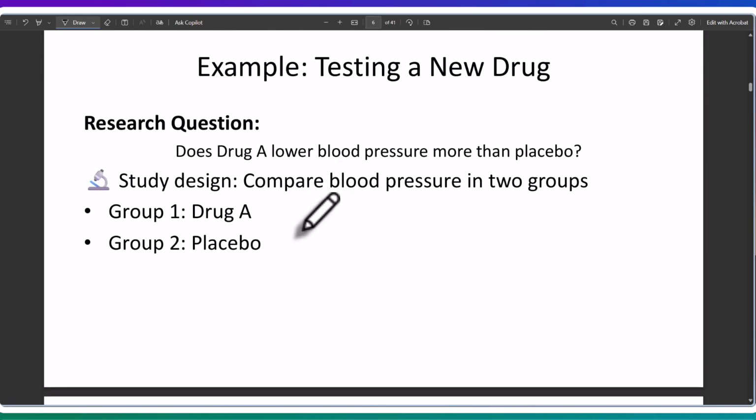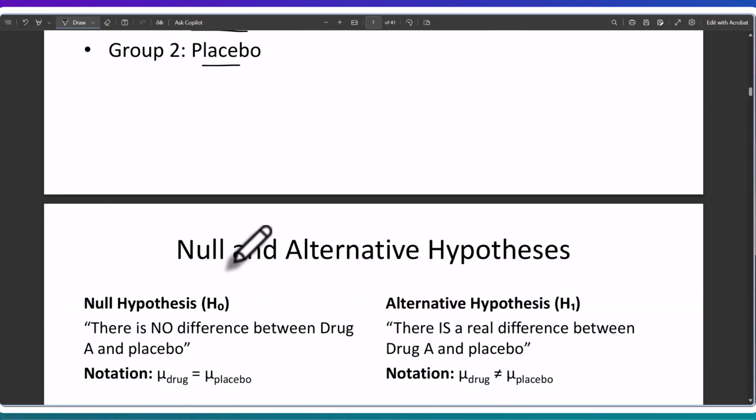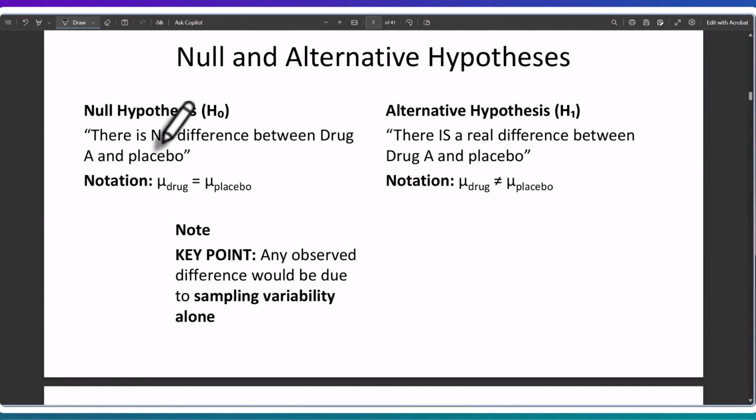So let's just say that now we're going to look at a drug. So drug A, we want to know whether that drug lowers blood pressure. And so our first group might be taking the drug A, the second group might be taking a placebo. And so the null hypothesis is that any results are simply due to sampling variability, right?